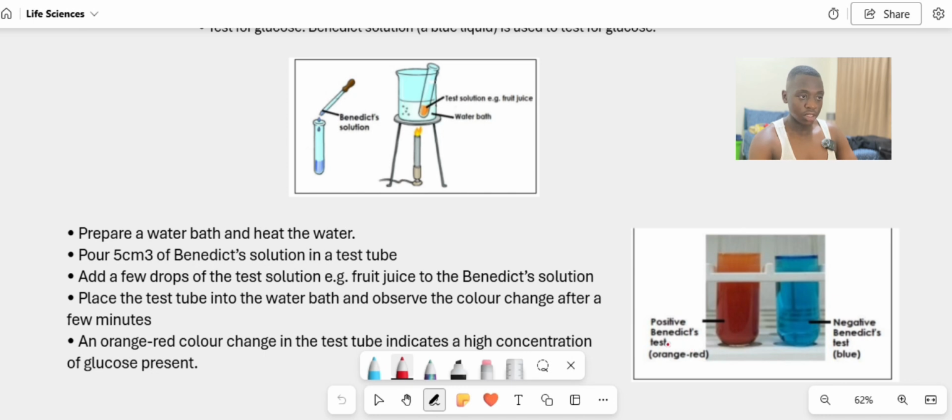A positive Benedict's test indicates orange-red, and a negative Benedict's test indicates blue. So each and every time this solution gives you an orange-red color, it indicates that there is a high concentration of glucose in that specific sample.